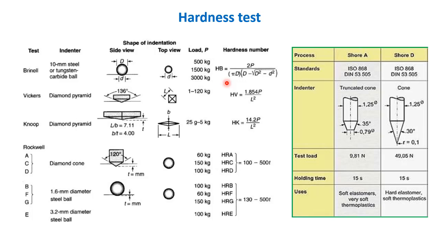We have some other tests also, Shore A and Shore D tests. This is covered in the lecture, so I'm not going in depth with that. These are some of the different types of hardness tests available for materials.